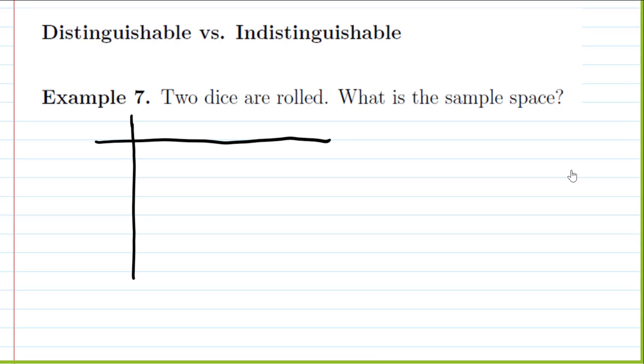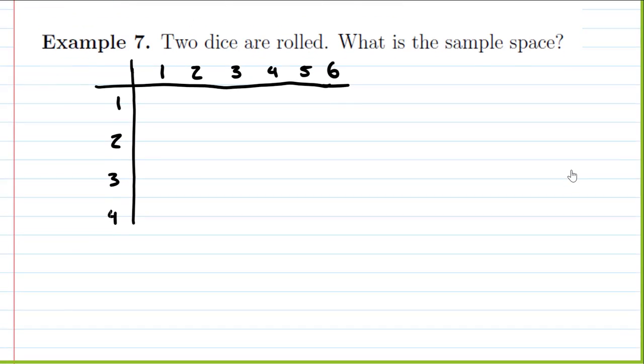So we can roll a 1, a 2, a 3, a 4, a 5, or a 6. So we could have 1, 2, 3, 4, 5, and 6. Same thing here. 1, 2, 3, 4, 5, 6. I'm going to space those out a little more. 1, 2, 3, 4, 5, 6.